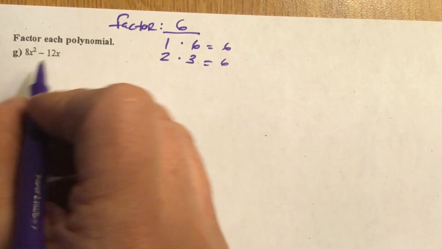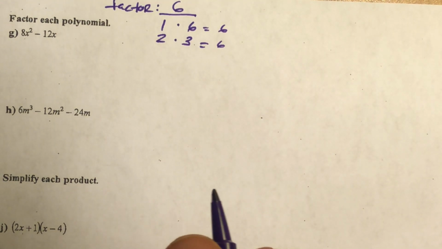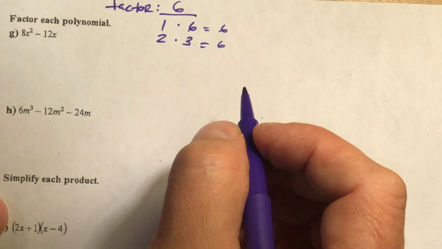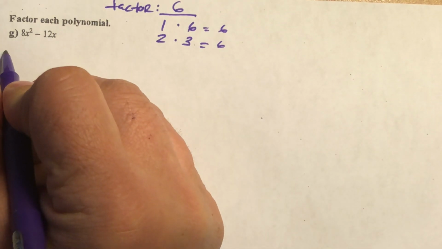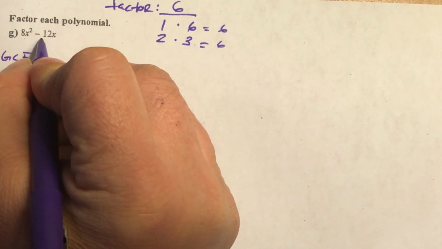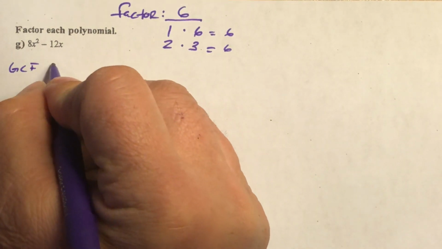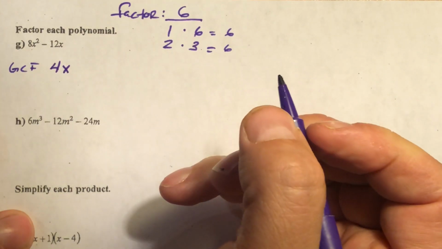We can factor polynomials as well. So let's first of all find the GCF. What's the GCF of 8x squared minus 12x? The GCF is going to be 4x.